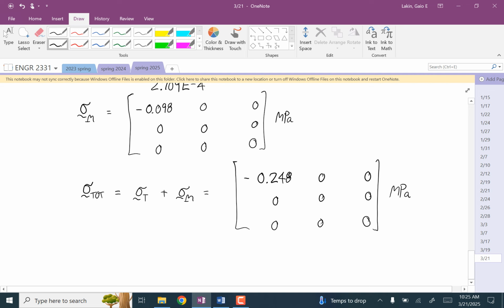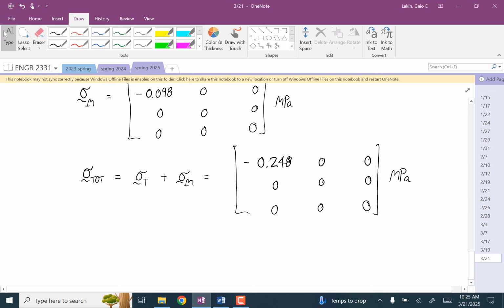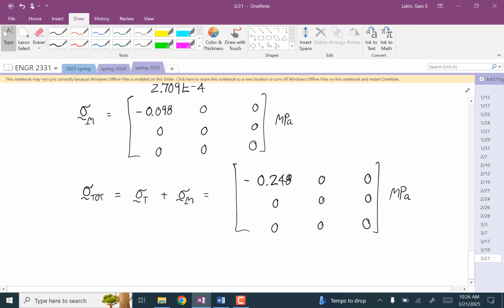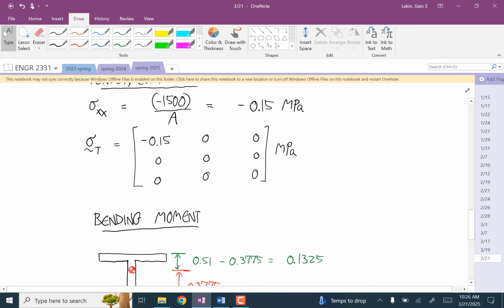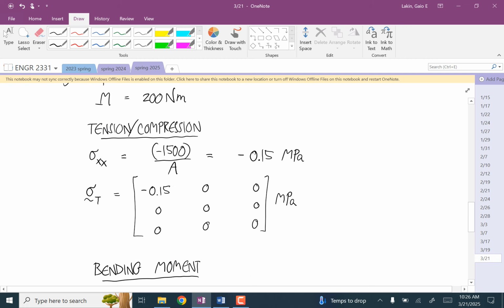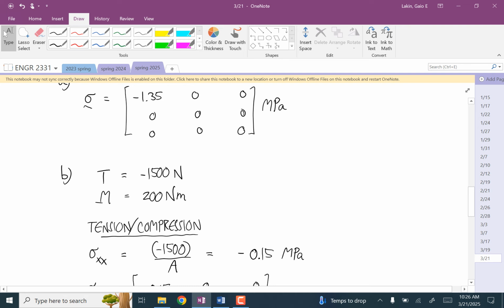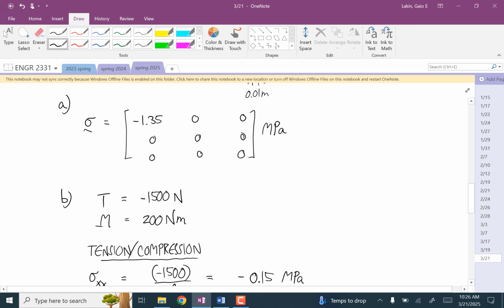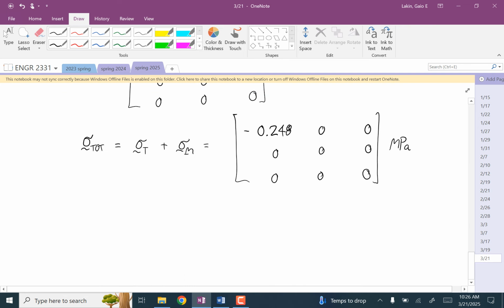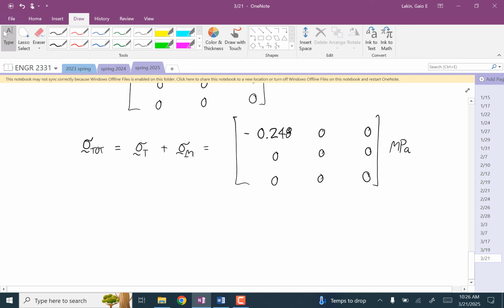Okay, so compare the stresses in these two beams that are made out of the exact same amount of material. Is this one more? No. Did I write the other one wrong? Oh, okay, yes. It's 1.35 compared to 0.248.